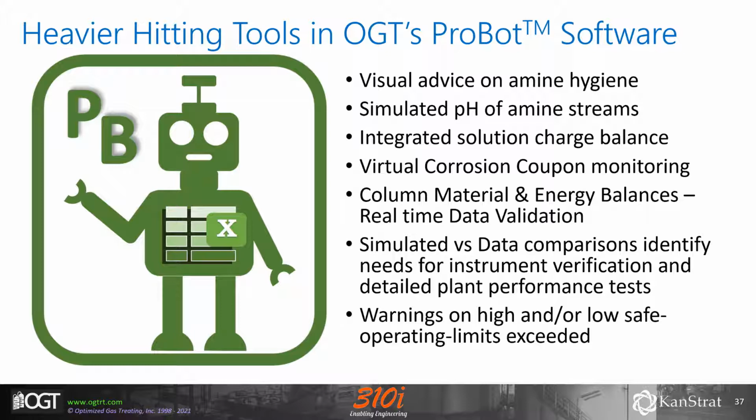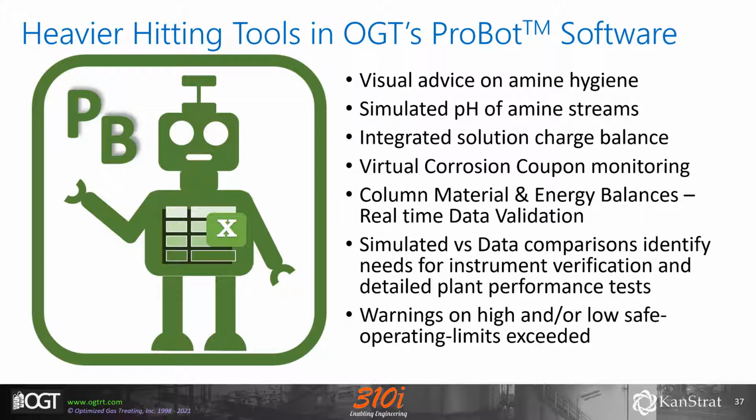Now we're going to introduce a new tool developed by OGT called Probot. This is a COM-based spreadsheet tool used to connect ProTreat or SulfurPro to real-time plant data. This tool provides visual advice on amine hygiene, simulated pH of amine streams, and also an integrated solution charge balance.